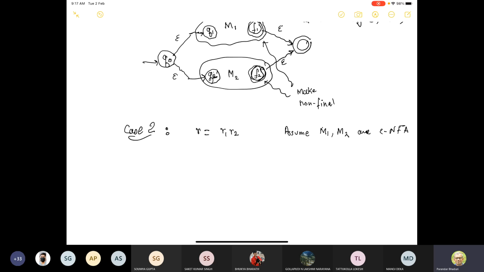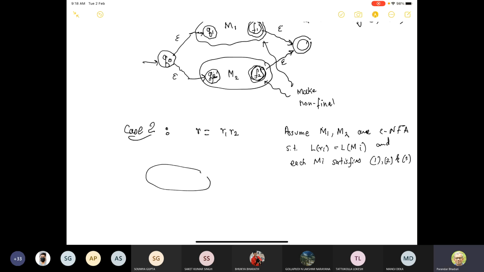So these are epsilon NFA such that Ri is LMi, and each Mi satisfies the three conditions. So it's the same thing. So it's just M1 followed by M2, right?